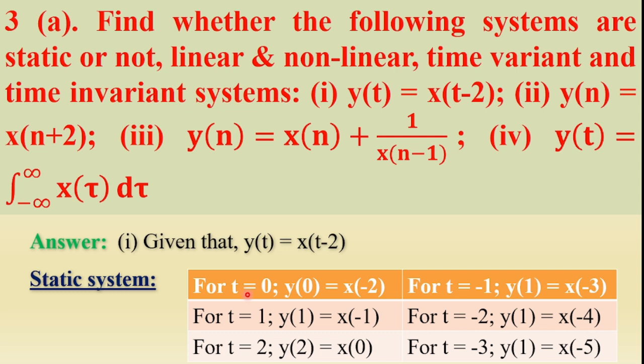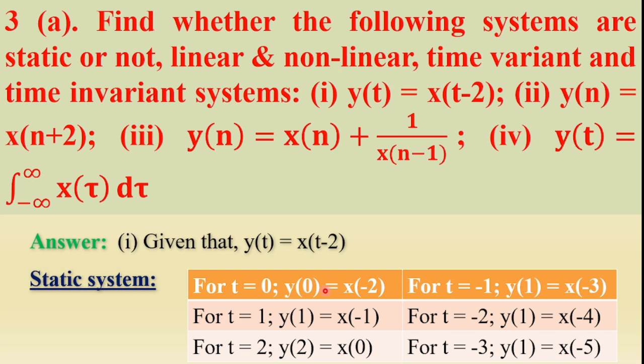Now here my present value is t is equal to 0, and substituting t is equal to 0 in this equation, the output of the system y of 0 is equal to x of minus 2. So in this case, the output depends on past values of the input. And what is the statement of the dynamic or static system?